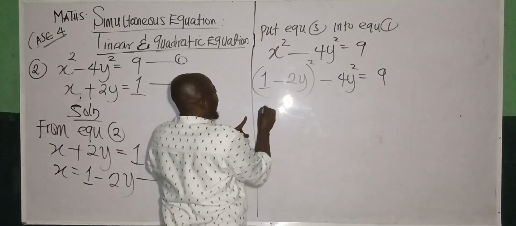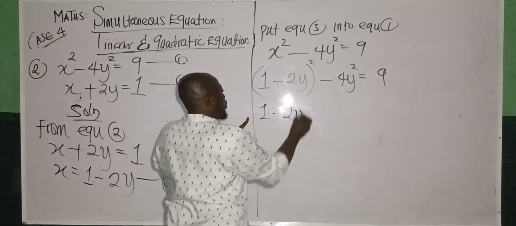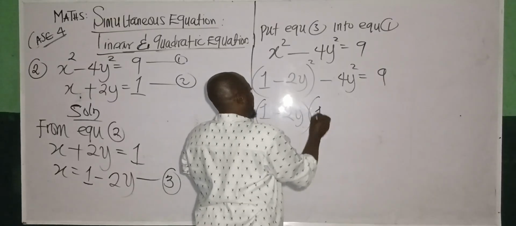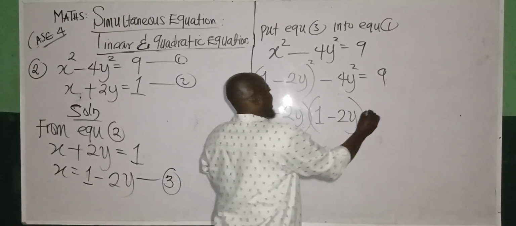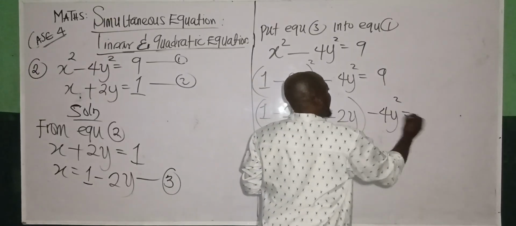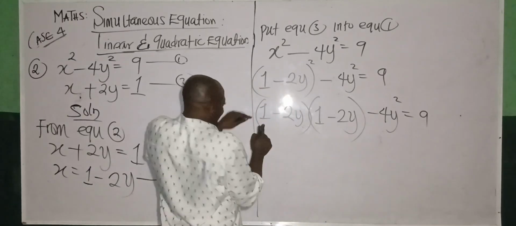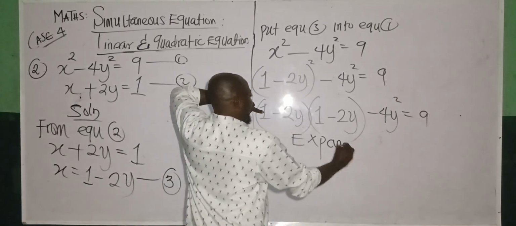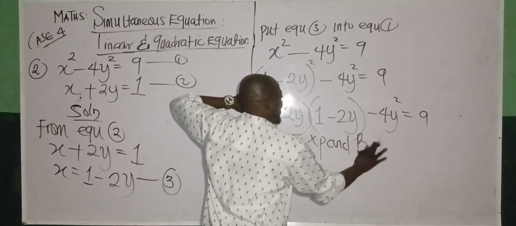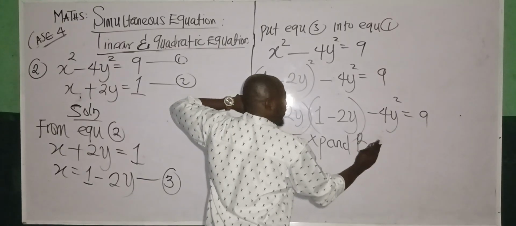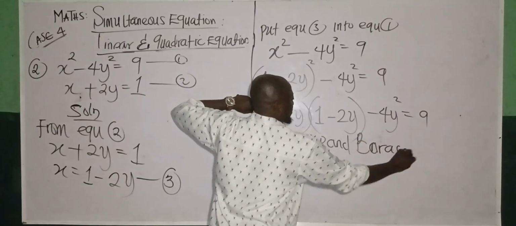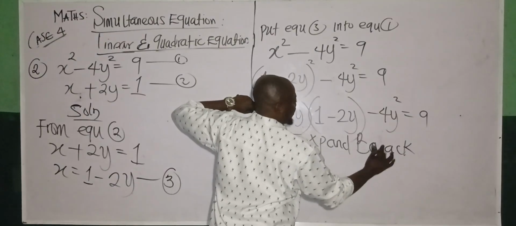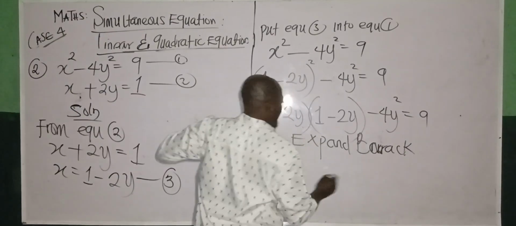So what do I do now? Expand this one now. This will give us first bracket 1 minus 2y, next bracket 1 minus 2y, minus 4y squared equals 9. Expand the bracket, please.